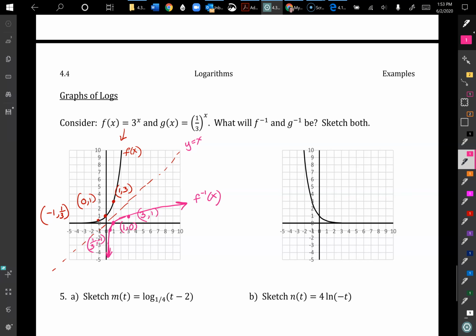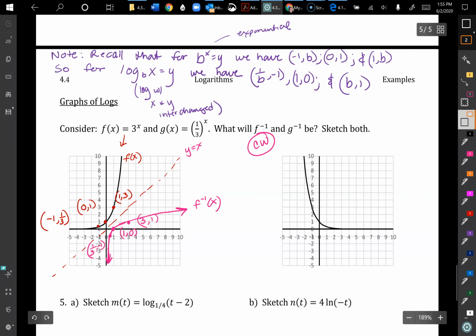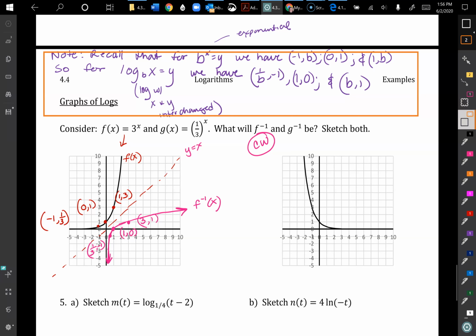Now we have g of x over here. So I want you to try that for classwork. It's 1/3 to the x. So it's a little different layout for you. So I wrote this up at the top here that, recall, for b to the x equals y, when we have an exponential, we have the points negative 1, 1 over b, 0, 1, and 1, b. So it will go through that.